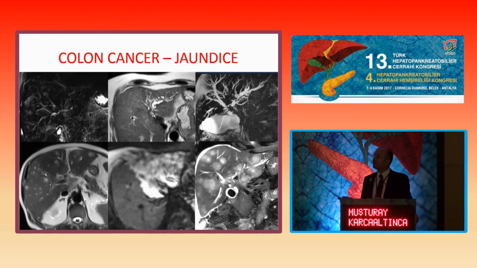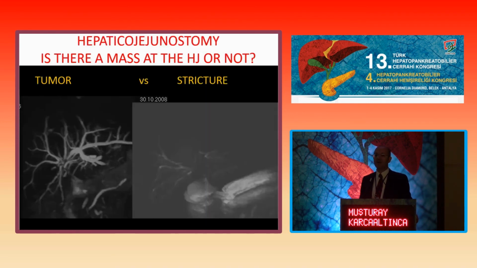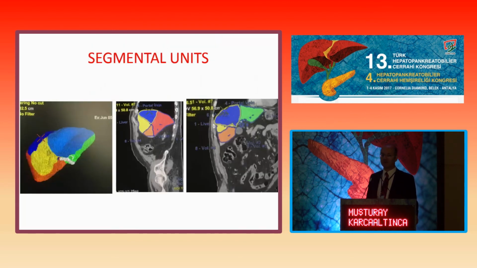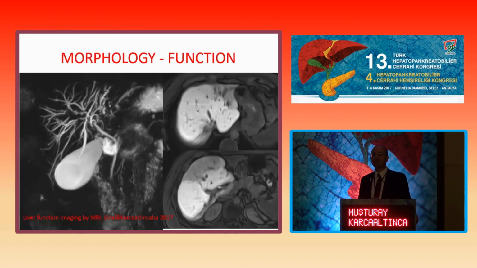And also in colon cancer patients, we try to do our management based on MR findings, because this patient might benefit from biliary drainage, but look at this patient, left-sided dilated, but the whole left lobe is involved. So even if you do biliary drainage for this patient, it wouldn't be useful because there is no normal parenchyma at that level. And also we can use it after hepaticojejunostomy, and we can show malignant tumors or recurrence in these patients or benign strictures at this level.